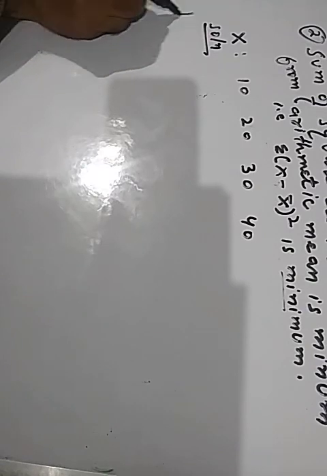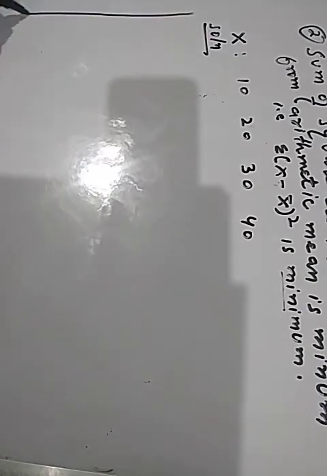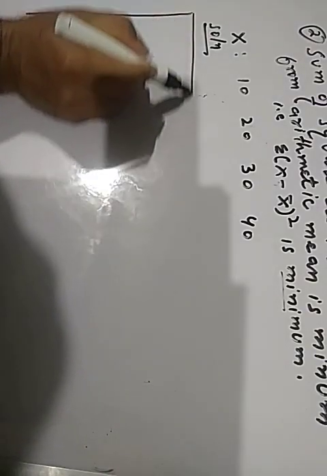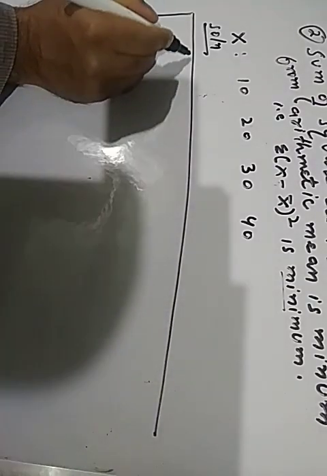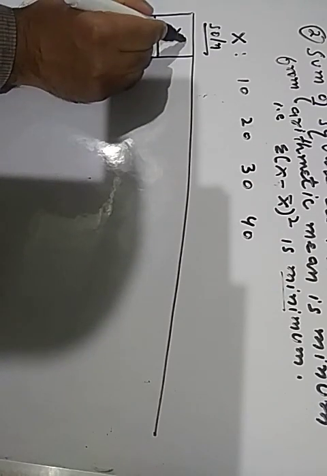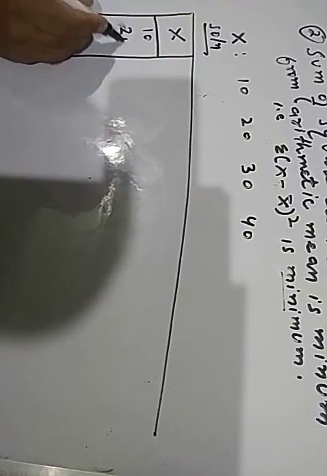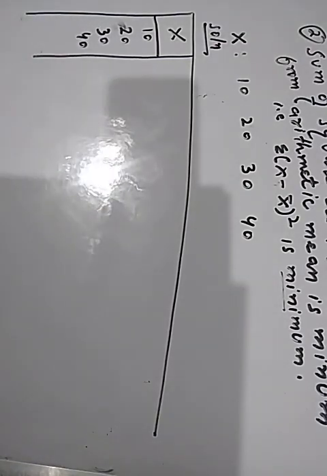In the first column, we will take the different values of variable x, which are 10, 20, 30 and 40.